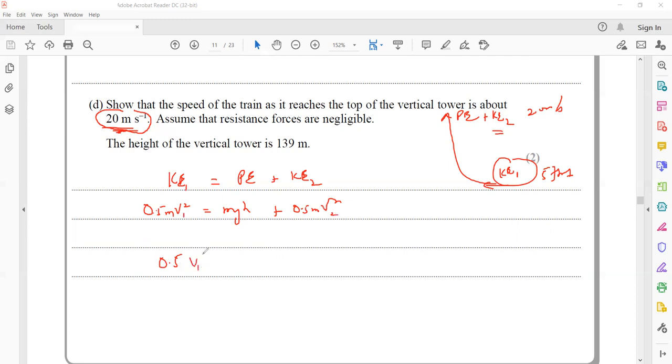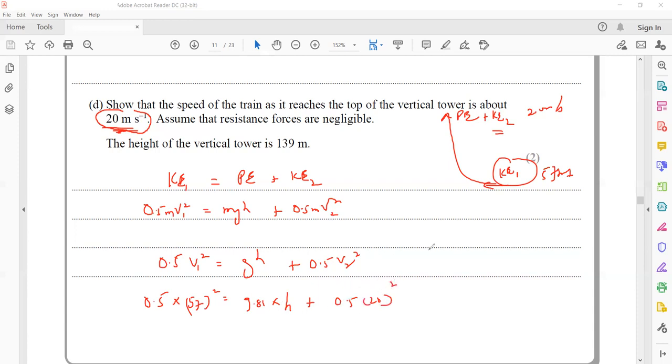So 0.5 v1 square is equal to gh plus 0.5 v2 square, and then I substitute the values. So 0.5 times v1, the initial speed, which is 57 square, gravity is 9.81, vertical height we are finding, plus 0.5 and the new speed, 20 meters square.